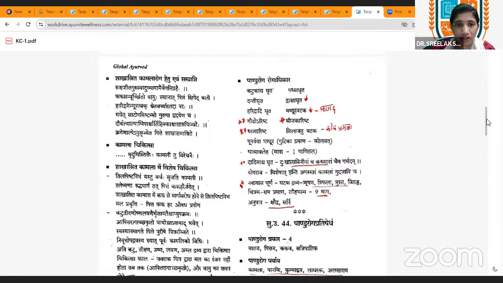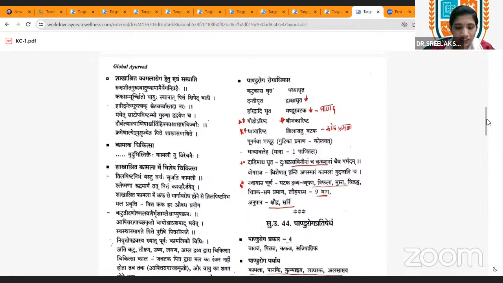So mainly we have to adopt the Kaphahara treatment, and this Vata Kapha Kopa is mainly occurring in the Shakhashrita, and that will cause the displacement of Pitta from Koshta to Shakha. So we have to adopt the main treatment to bring this Pitta normally into the Koshta.